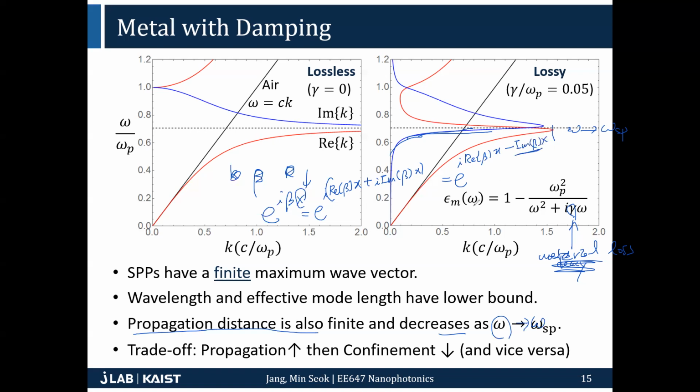So imaginary beta gives you just a decay factor, whereas real beta, due to this i in front, gives you an oscillating component, right? So the second part gives you the decaying component.